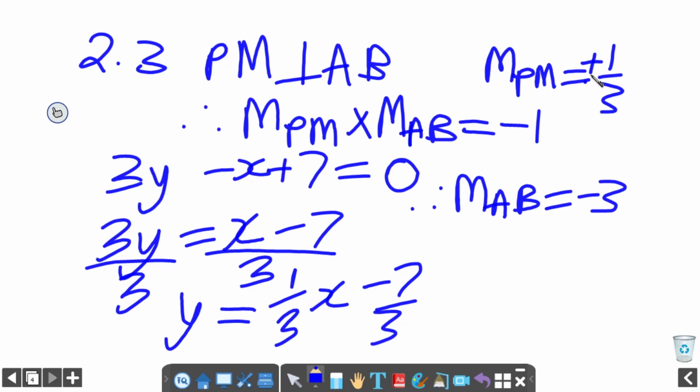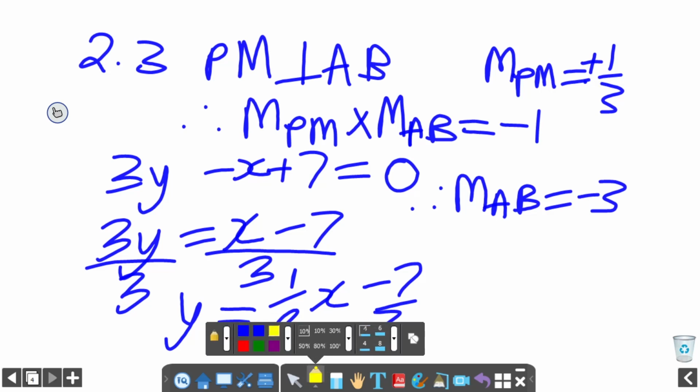Right? Now, we want the equation of AB. What else can we use? We only have the gradient. Positive 1/3 is the gradient of PM. This is the gradient.